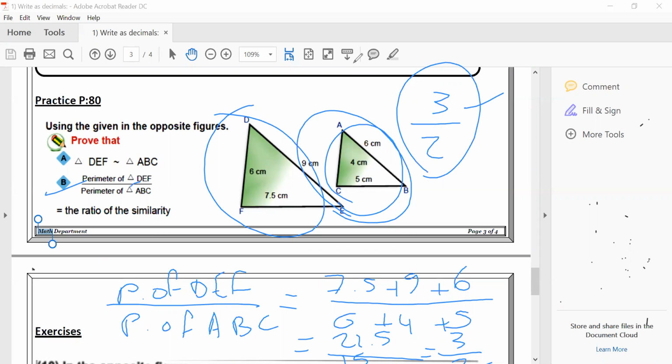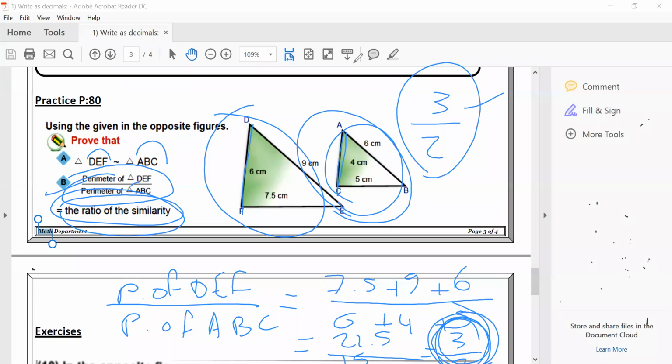So again, the ratio of similarity equals the ratio of the proportional sides, and it is also equal to the perimeter of the first polygon divided by the perimeter of the second polygon. It is the same ratio of similarity. So here DE over AB equals EF over BC equals DF over AC equals perimeter of DEF over perimeter of ABC. The 4 are equal.